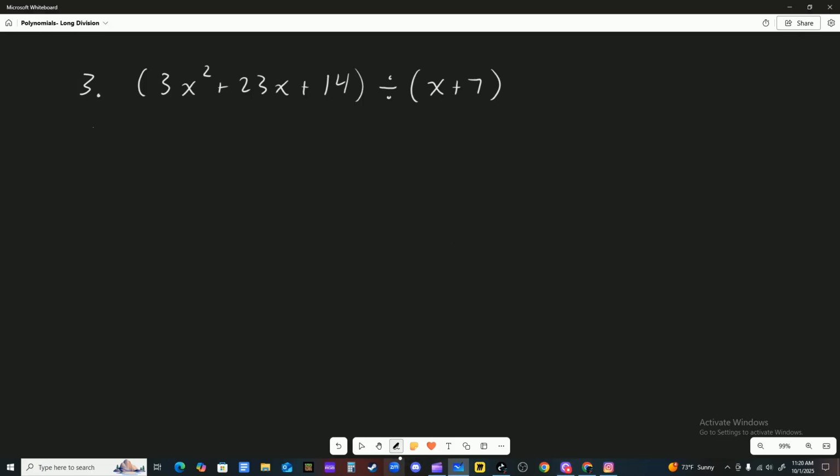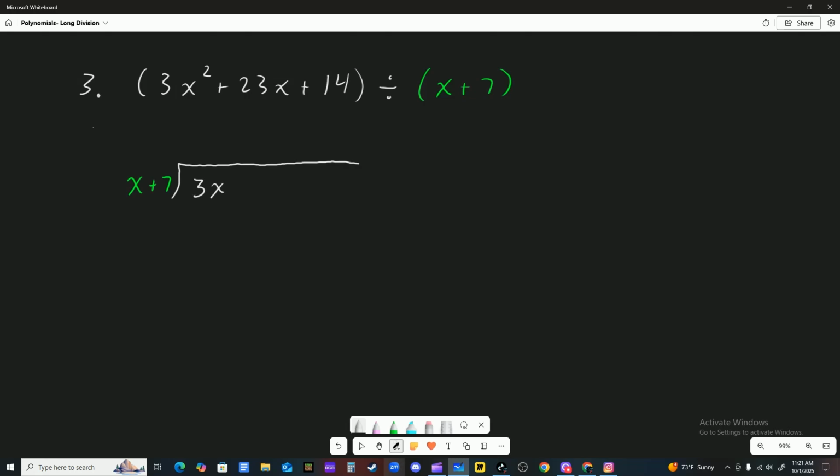So, like I said, we get our second one right here and put it on the outside. Maybe I should color code just this piece. X plus 7. All right, cool. So we have x plus 7 on the outside, and we're dividing it into our polynomial up here: 3x squared plus 23x plus 14.